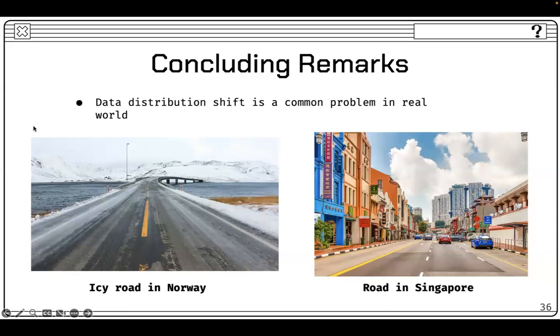If you have a self-driving car that's trained on images of the icy roads in Norway, it will definitely not perform well on the roads of Singapore. So for safety critical systems such as self-driving, it's important that we build more robust systems that perform well in many different situations. And that's the end of my presentation.